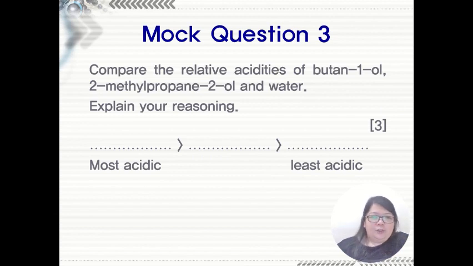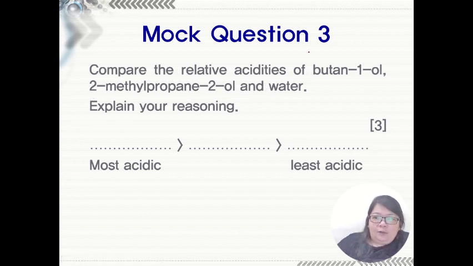Now let's look at mock question 3. Mock question 3 is something that I predicted might come out, but it is more difficult than mock questions 1 and 2. This one is less likely to come out, because I want you to compare the relative acidities of butan-1-ol, 2-methylpropan-2-ol and water.